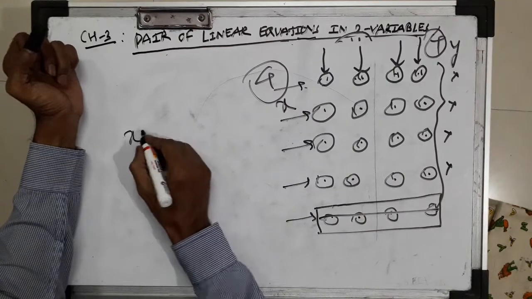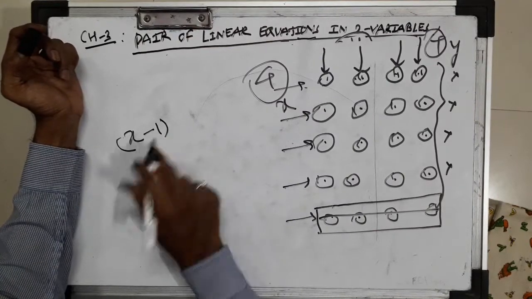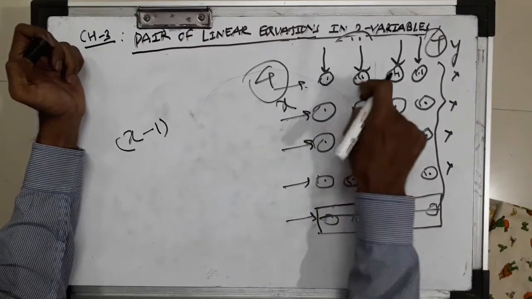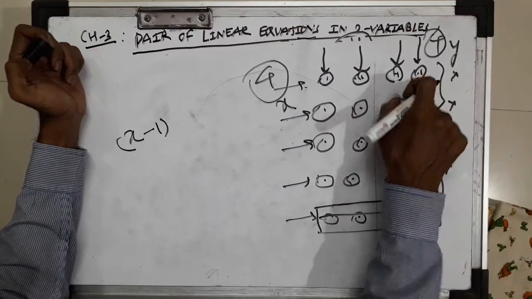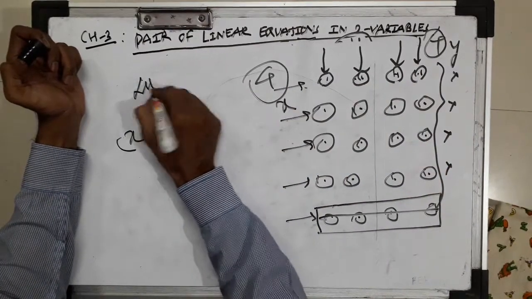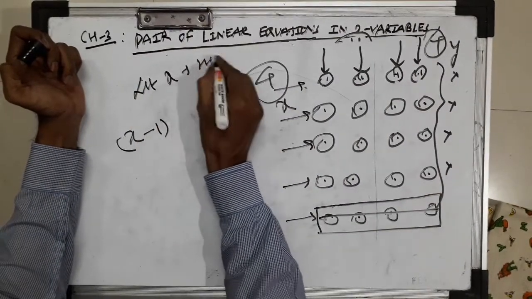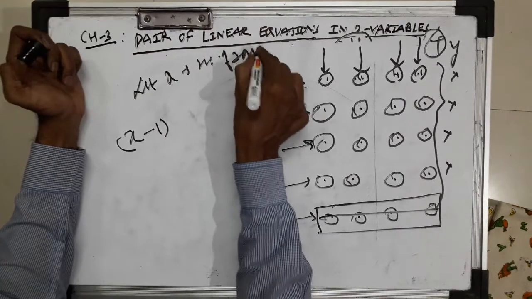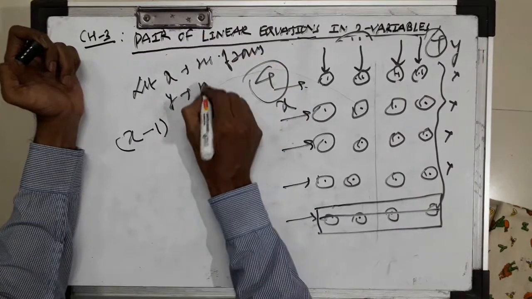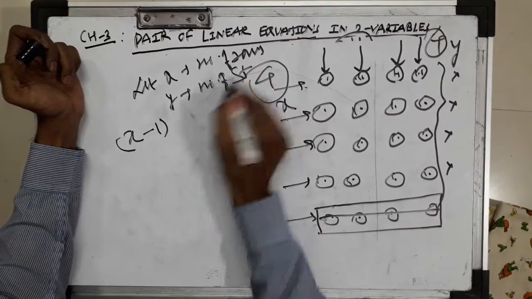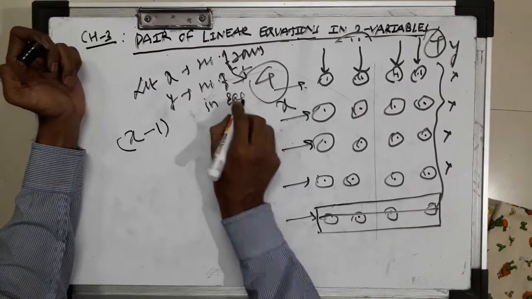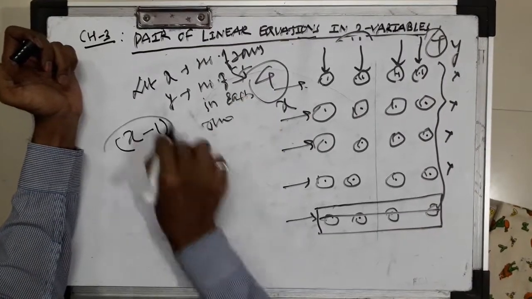So here we are supposing x as the number of rows and y as the number of students in each row.